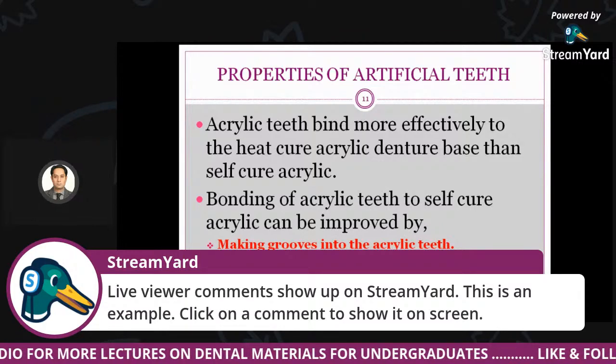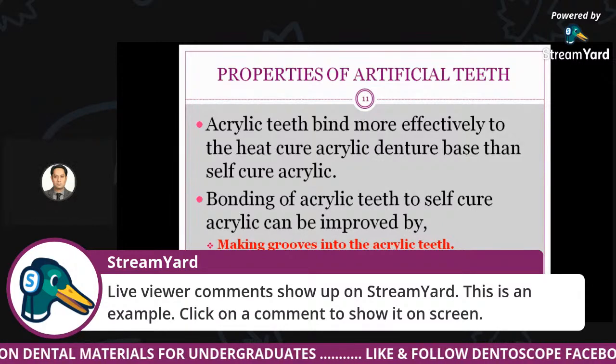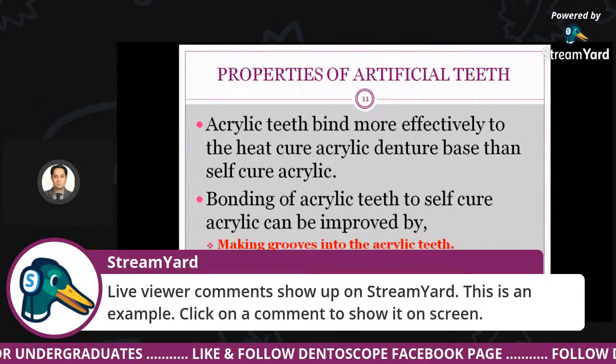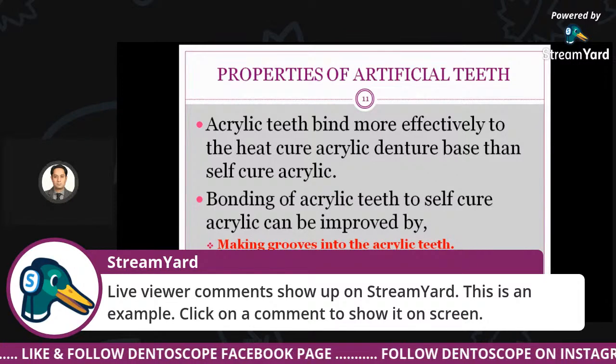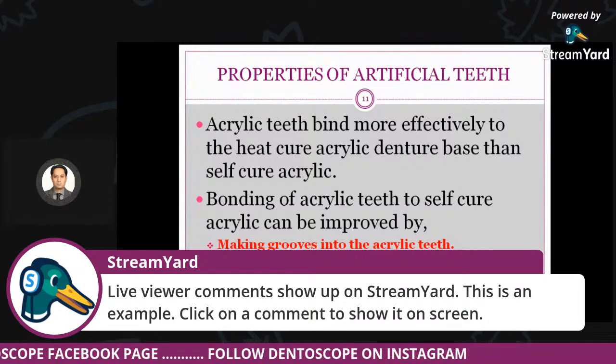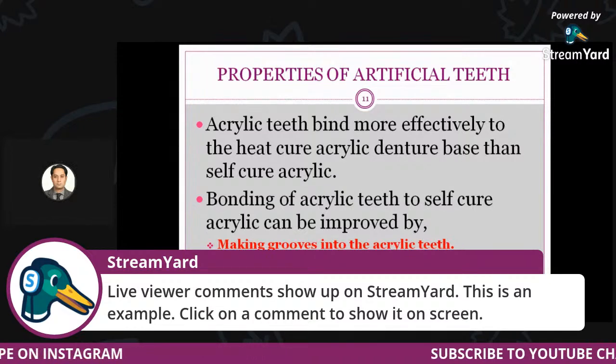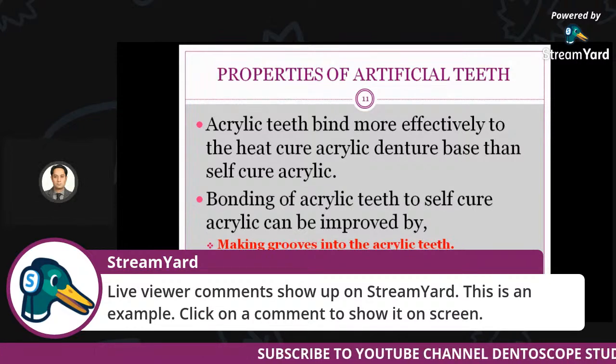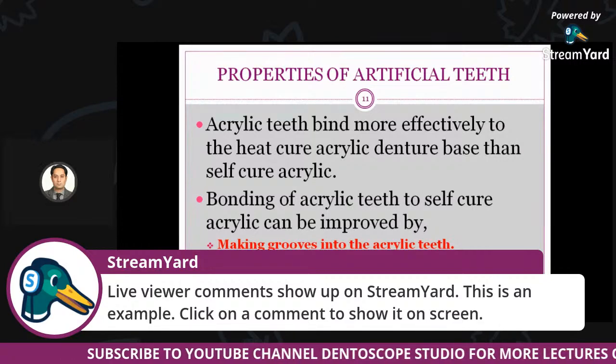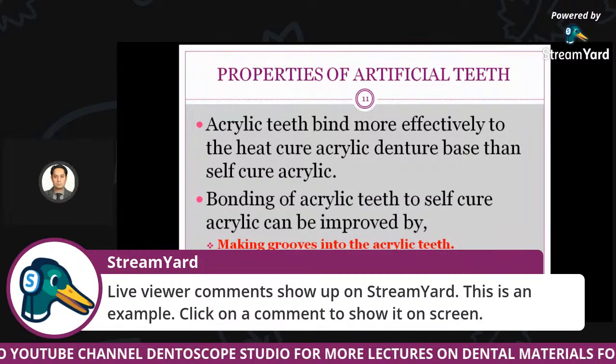So these are the 5 different types of denture base material. Most commonly used are the heat cure acrylic denture base and the self cure one. So here it is informed that the acrylic teeth, the polymeric ones, bind more effectively with the heat cure acrylic denture base as compared to the self cure.